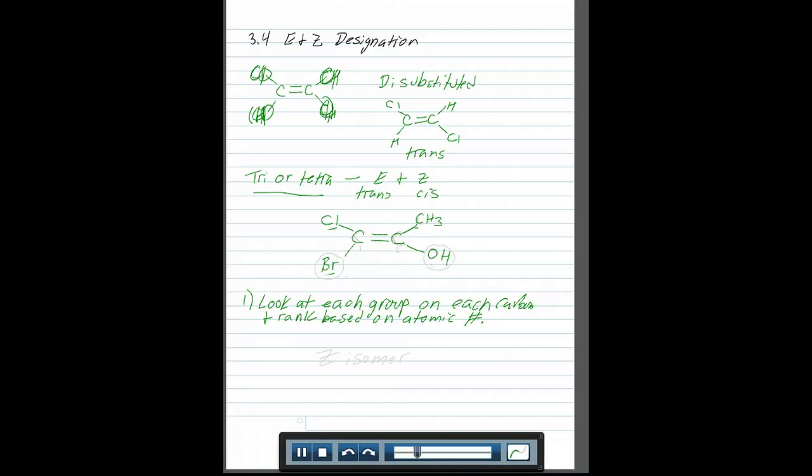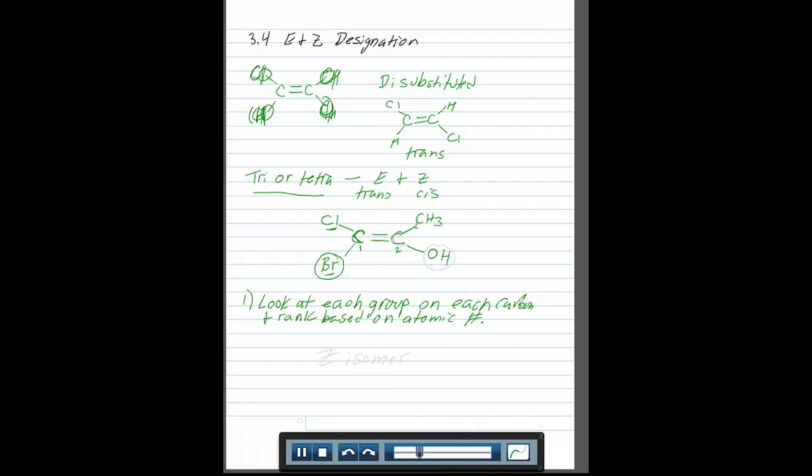So you have to look at each carbon. We have 1 carbon here and a second carbon here. So on this carbon, we have 2 groups. We have a chlorine and we have a bromine. Well, based on atomic numbers, which one of these has the higher atomic number? That would be the bromine. If you look on the periodic table, bromine has a higher atomic number.